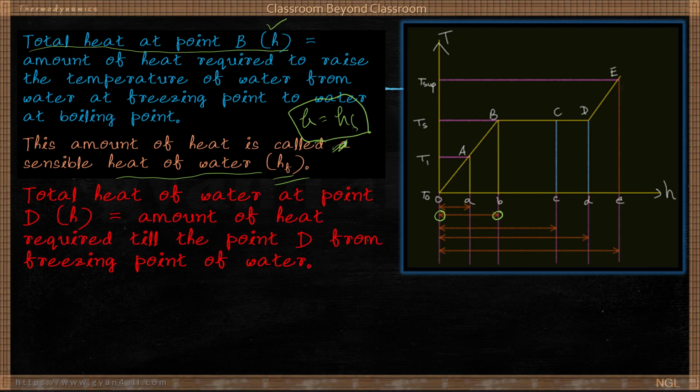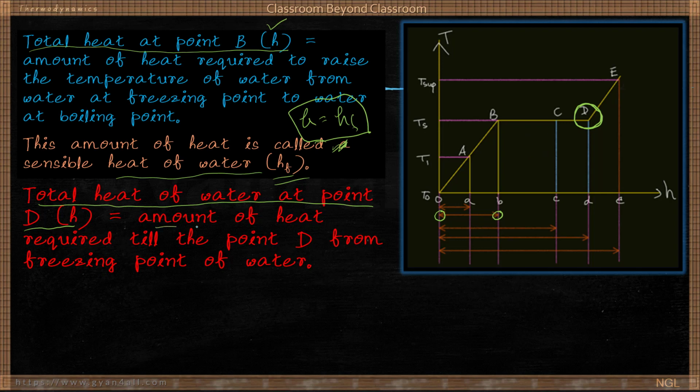Now we want to find out the total heat of water at point D. It is better to say steam, because this is steam, not water. So at point D, it is 100% steam, x equal to 1, dryness fraction x is equal to 1.